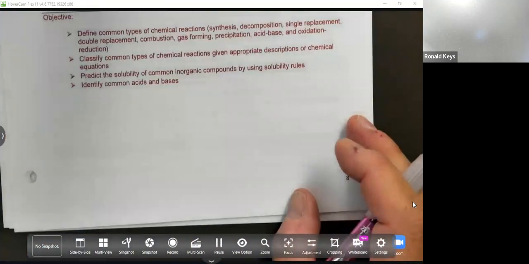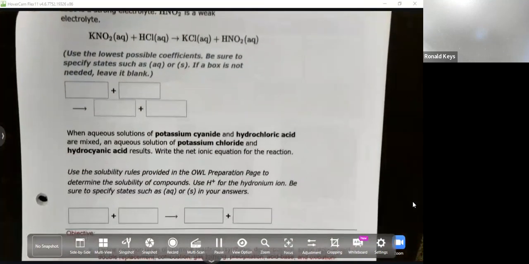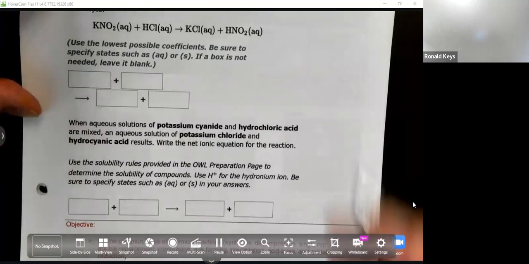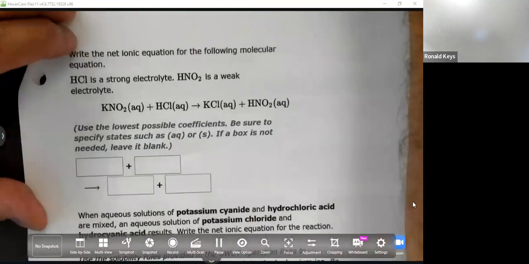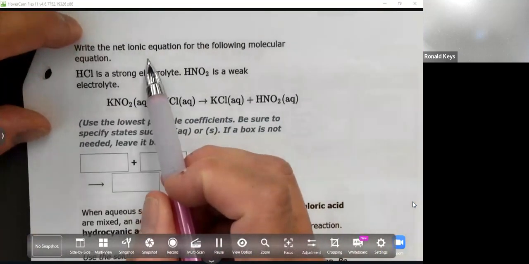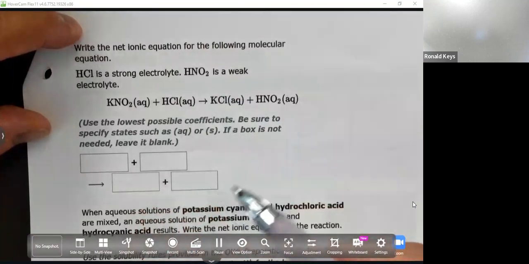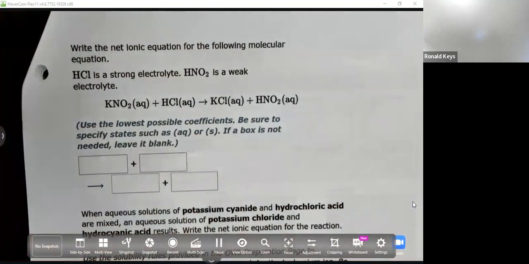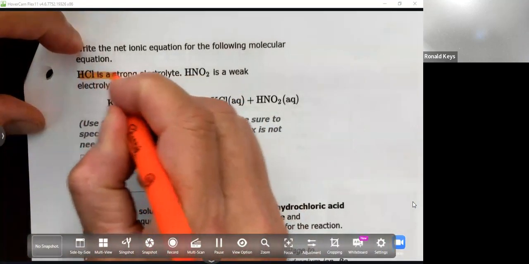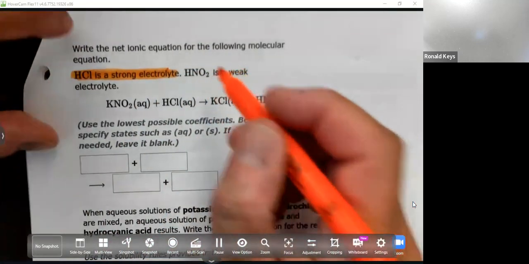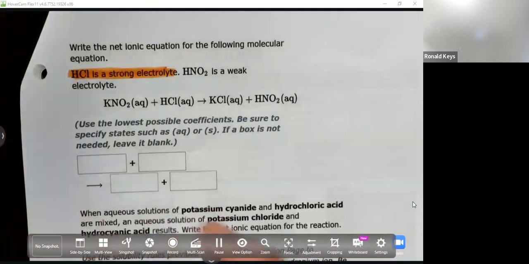All right, let's go to the next page. This is another OWL question. It looks like I got 3 OWLs in a row. It says, write the net ionic equation for the following molecular equation. HCl is a strong electrolyte. HNO2 is a weak electrolyte.